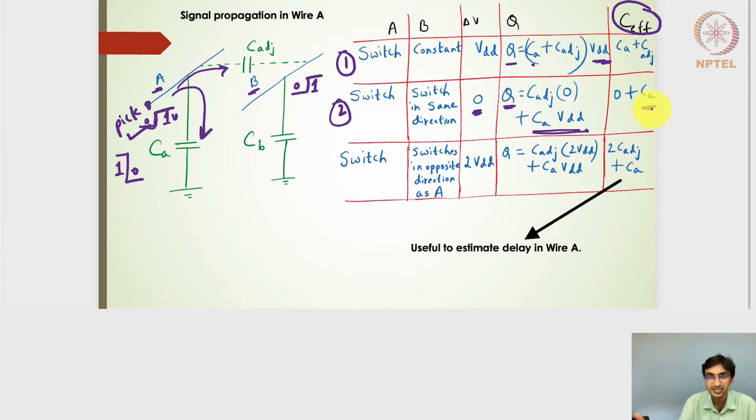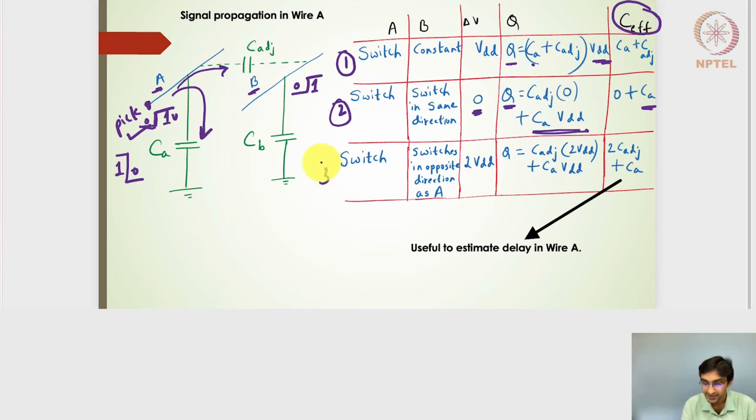C adjacent doesn't come into the picture because wire A and wire B are doing the transition in the same way, from 0 to 1 volts or 1 volt to 0 volts. So in both cases, the potential difference across the C adjacent will be 0. That means there is no supply or discharging of the charges stored in the C adjacent.